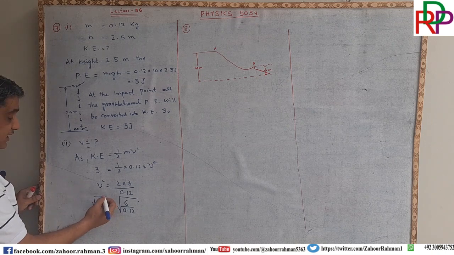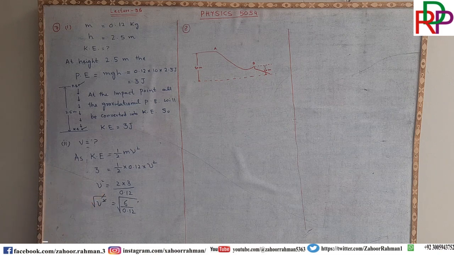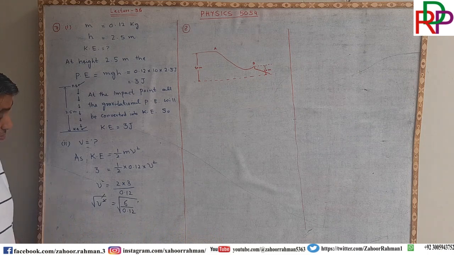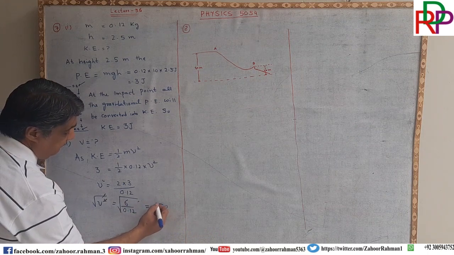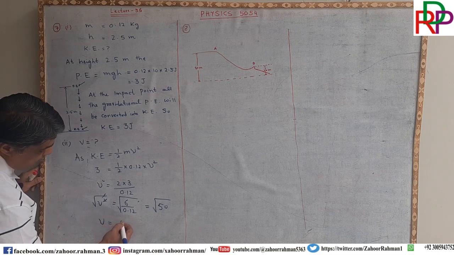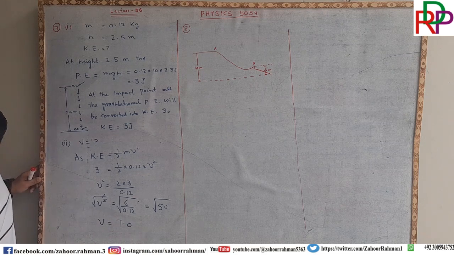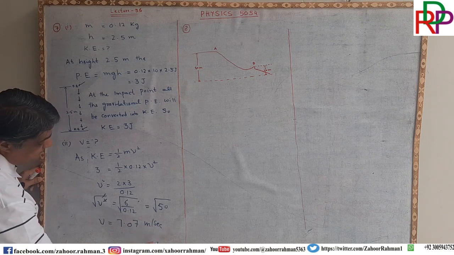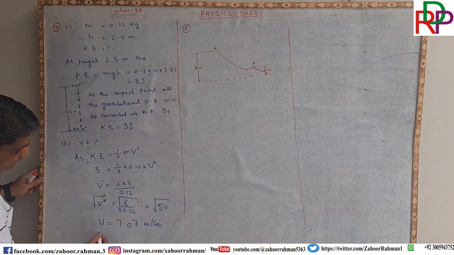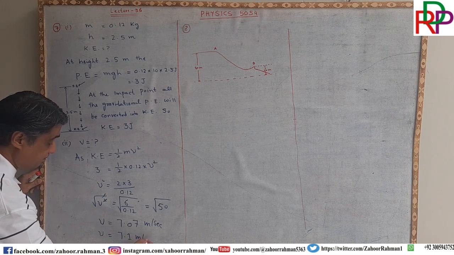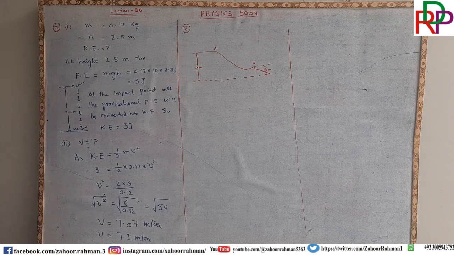So this square will cancel with this under root sign, and when we are taking the under root of 50, v will be equal to 7.07 meter per second. And that is the ultimate answer.